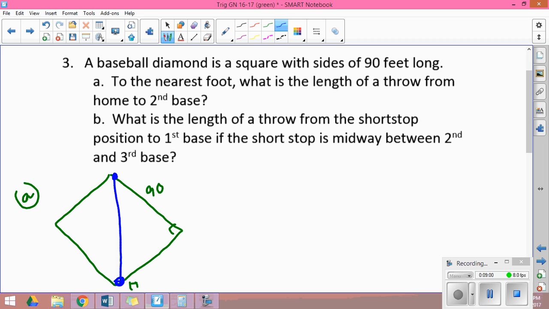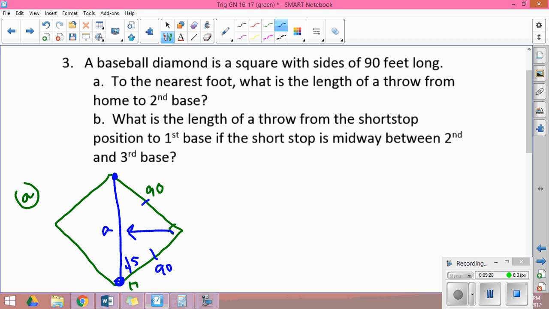Well, since we know that it's a square, we know that this is 90. Since those are the same, and if we remember about squares and the diagonals from quarter 1, we know that this bisects the angle, so we know we have a 45, 45, 90 triangle. We are interested in this length here from home to second base, which happens to be the hypotenuse of a 45, 45, 90 triangle.